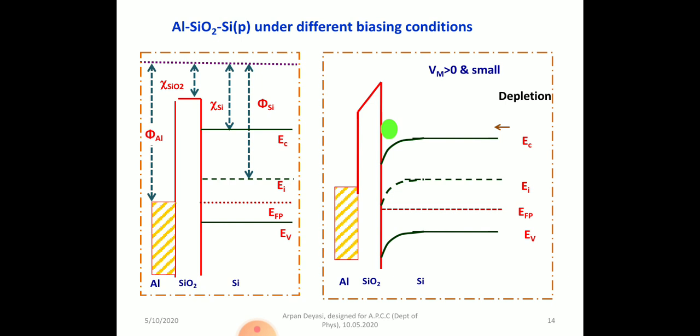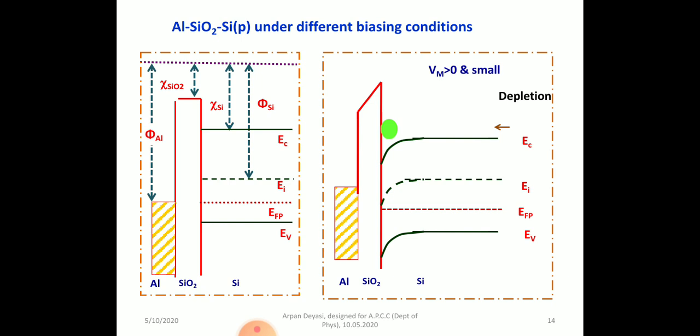Number 2, in accumulation condition, because you are giving negative voltage at the metal side, that means positive voltage at the semiconductor side, so metal electrons are pushed so that the Fermi level of the metal side will increase, whereas in depletion condition, the Fermi level of the metal side will decrease.